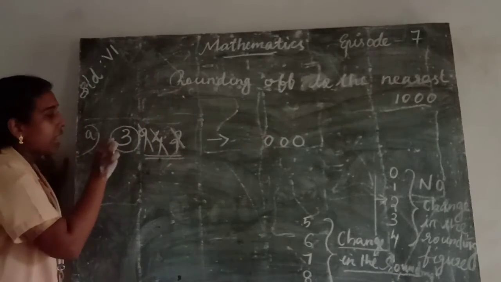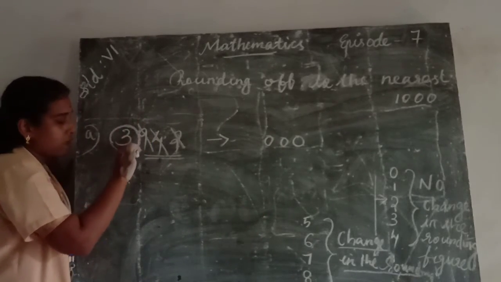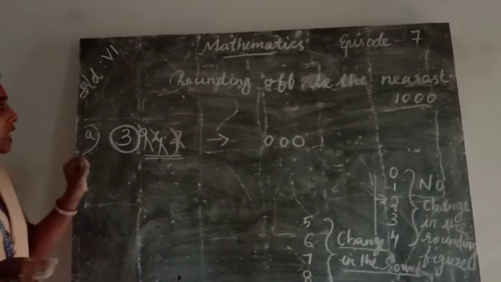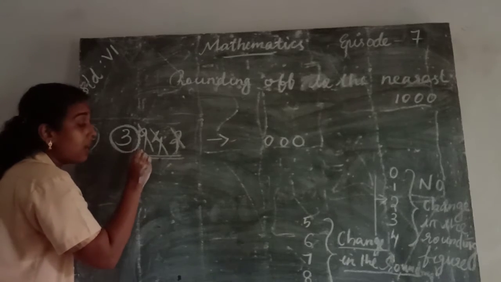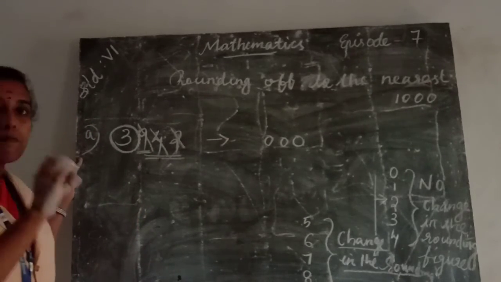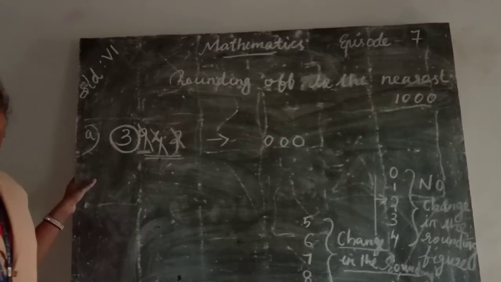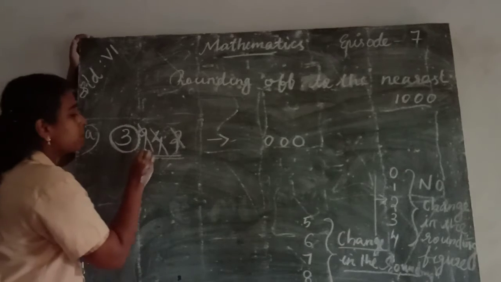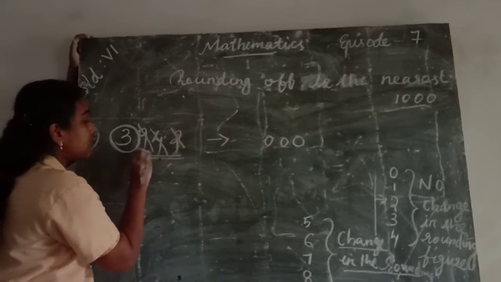And for writing the digit at the rounded position, we just look at the digit that comes just before the rounded digit. Here the digit that comes just before the rounded digit is 9.